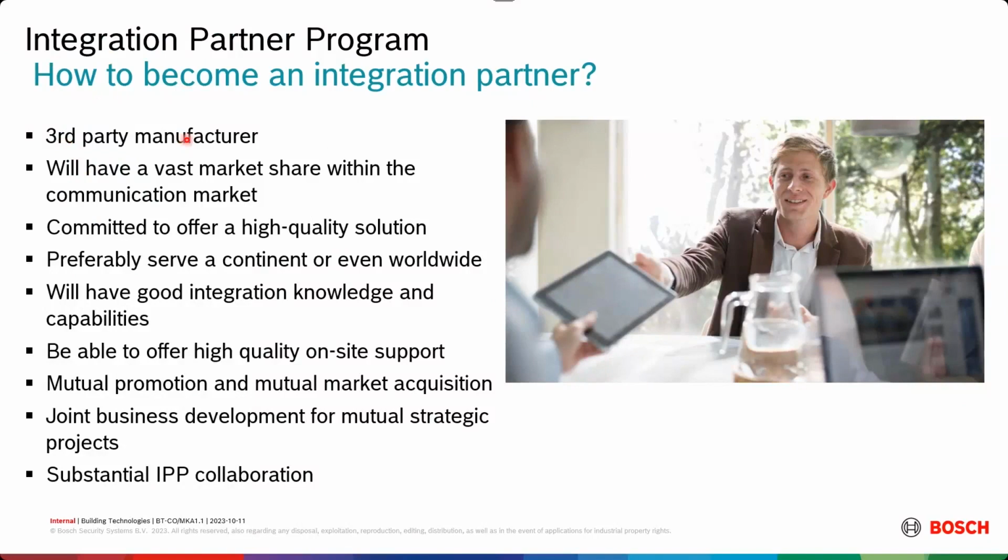It's also more our commercial way of working, in such a way that we have a joint development and a mutual strategic project, so that we work together in such a way that the solution makes sense and we are both able to sell our systems.